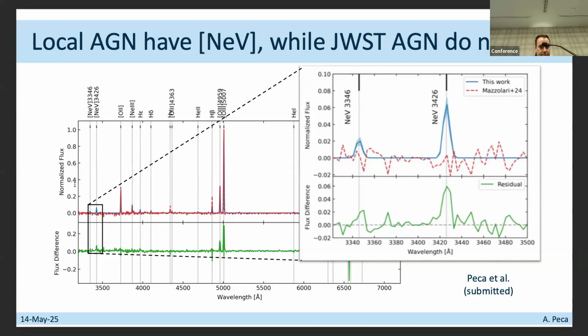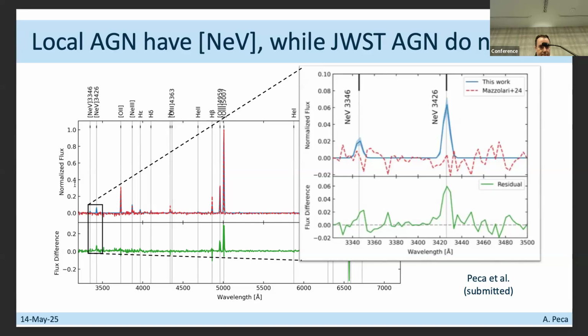So why are we not seeing [Ne V] in high redshift AGNs? We actually don't know. We have some ideas. For example, we are assuming that local AGNs behave in the same way as high redshift AGNs, which may come with caveats. There may also be metallicity at play.